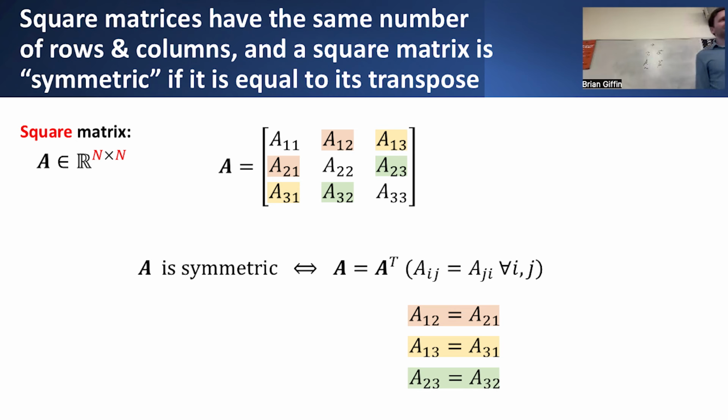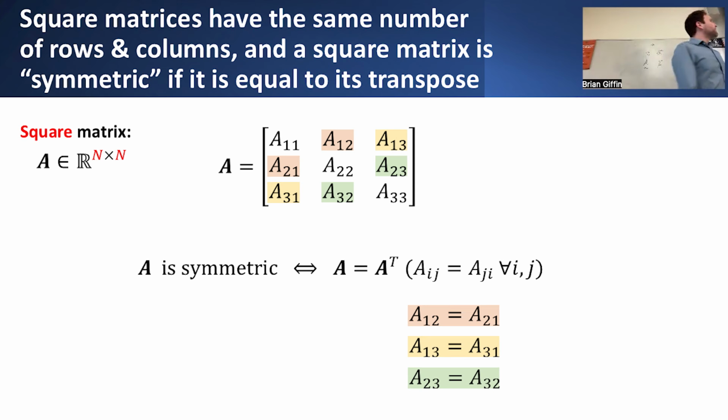For example, this 3 by 3 matrix is a square matrix. In particular, we can look at other properties of square matrices, namely the property of symmetry. If I have a square matrix, with the same number of rows and columns, I can assess: is this matrix symmetric?